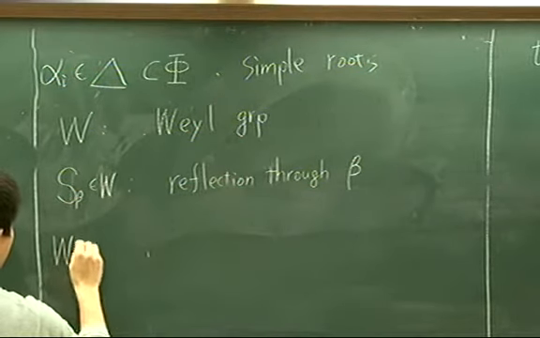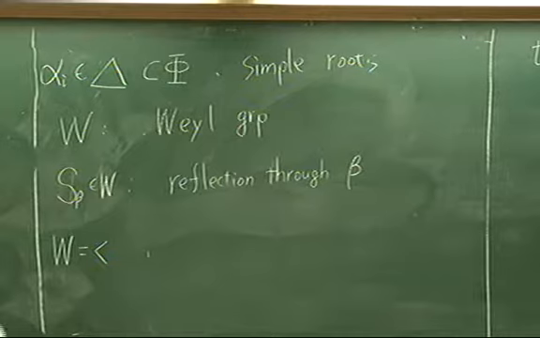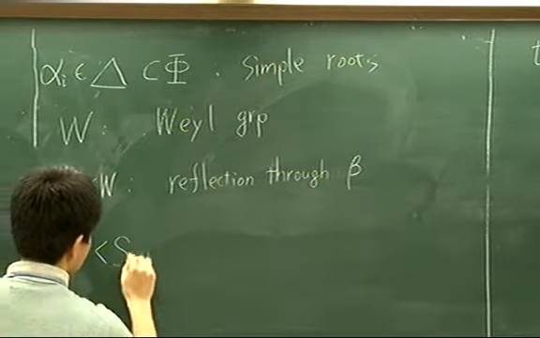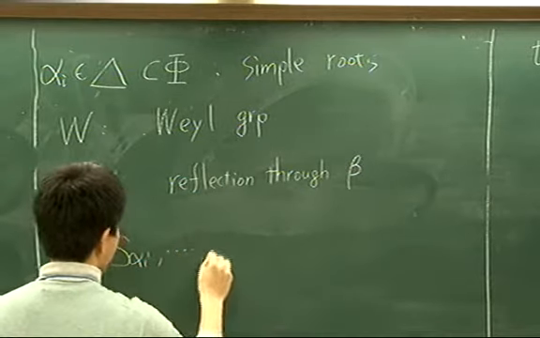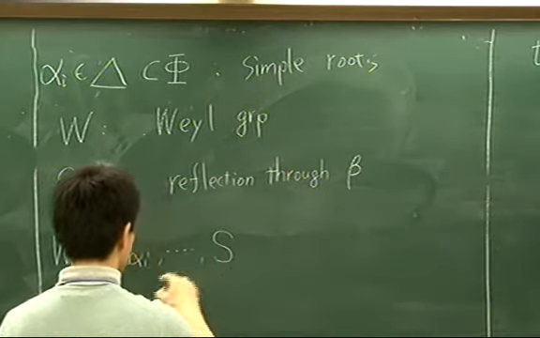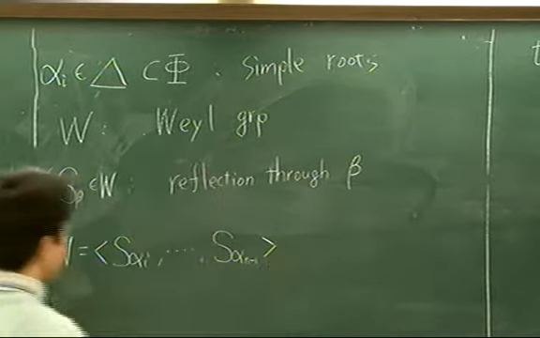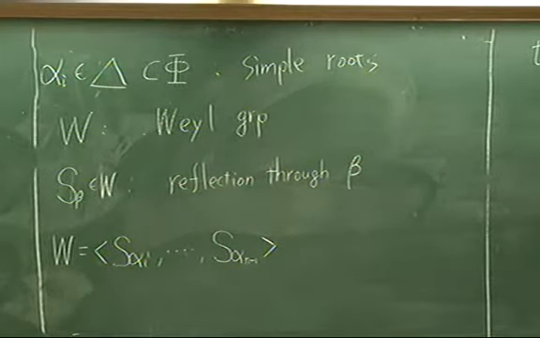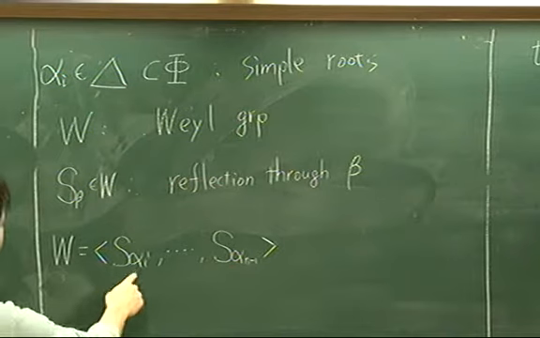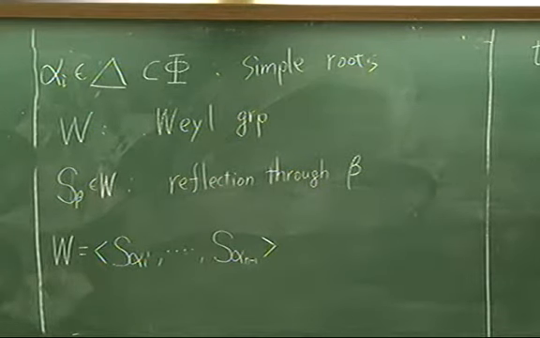Then W can be considered as a finite group generated by the simple reflections corresponding to simple roots, satisfying some relations. For example, s_{alpha_i} squared is the identity, because if you reflect twice, then you don't do anything.